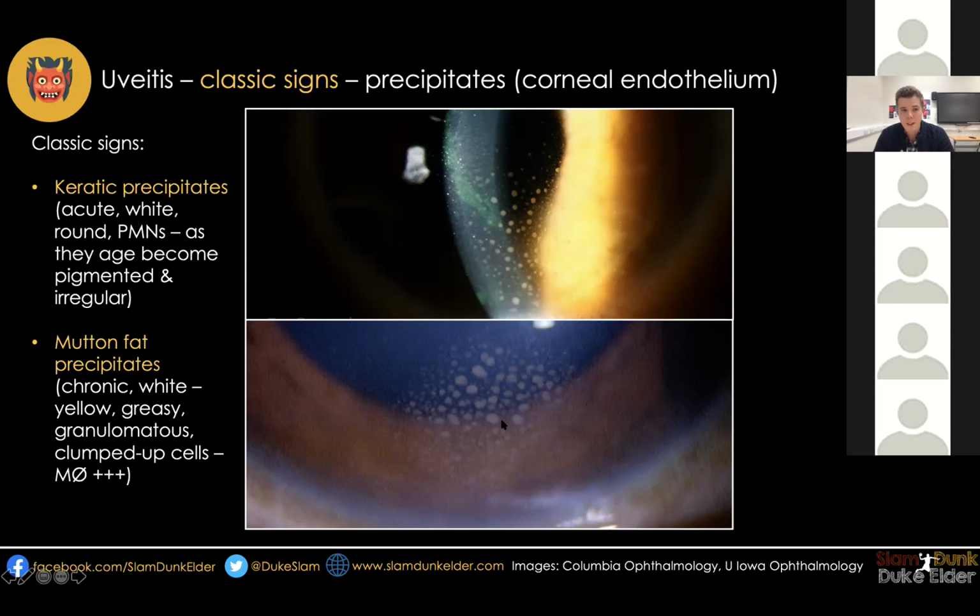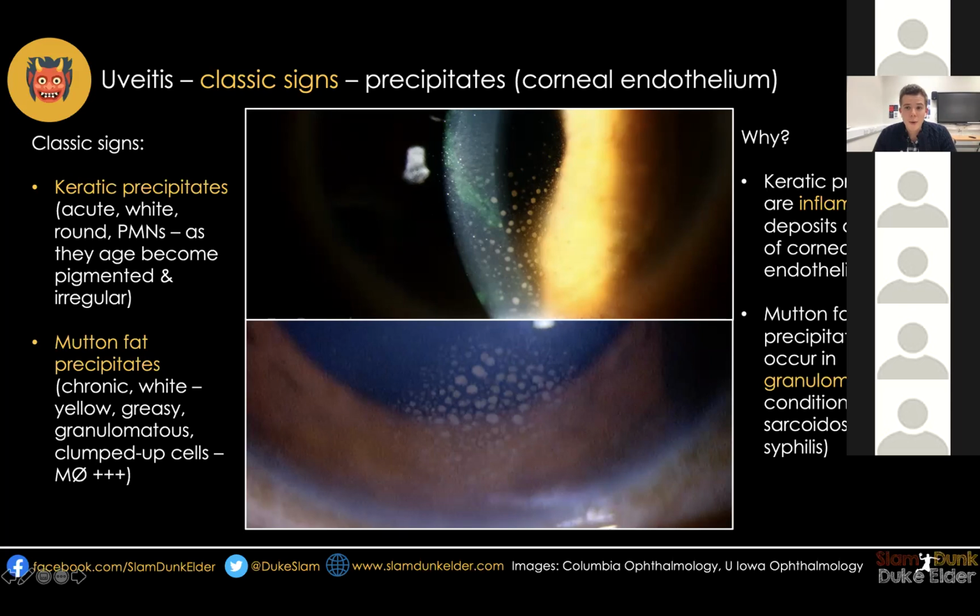This is the mutton fat precipitates. They look greasy in nature, they're yellowy, and that's why they're named after mutton fat. These tend to be macrophages, and they also tend to be associated with granulomatous infection, which we'll cover in a sec. It's a different type of inflammatory response in response to the type of antigen they're fighting, whether it's infectious.